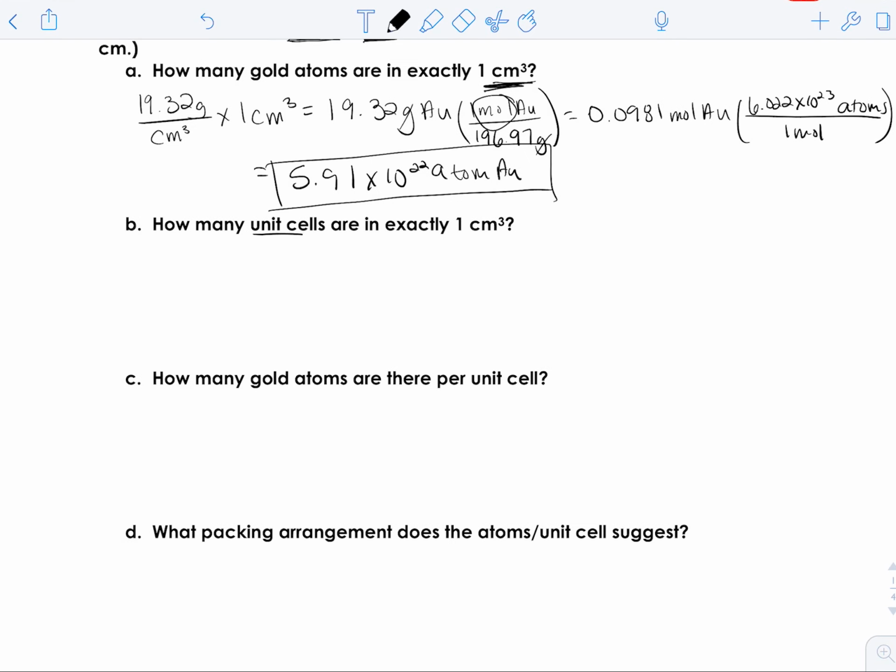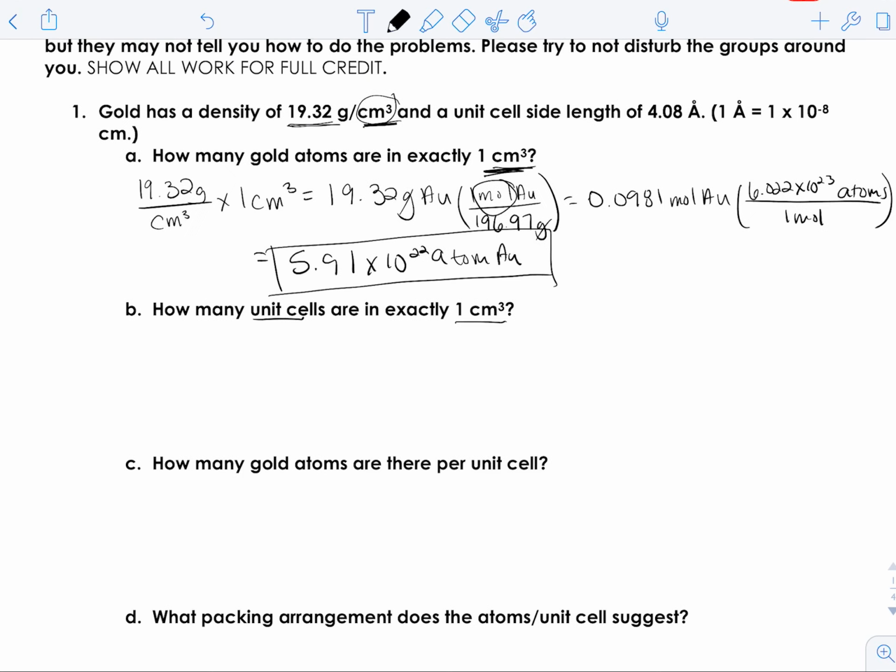Next, we want to know how many unit cells are in 1 centimeter cubed. So this again is a volume. We have a cubic cell, so we can take the edge length, cube it to get the volume of 1 unit cell, and then use this volume to figure out how many unit cells are in that volume.